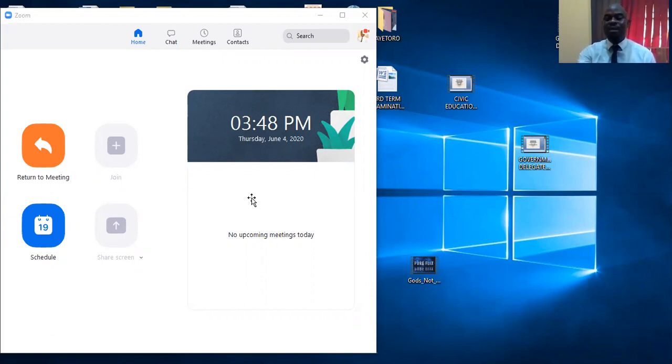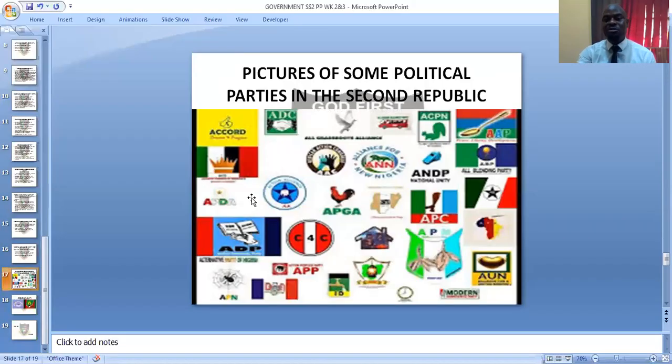So we have some of the pictures here, which I'm going to show you. Though not all of the parties here are of the Second Republic. Like you can see APC there, don't put your mind there, but look at others. You can see ACM, ACPN, you can see others.